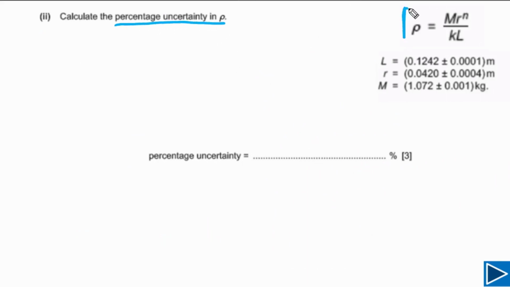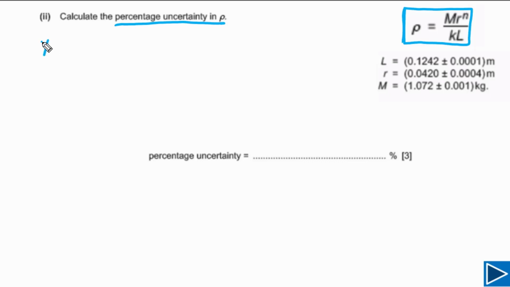The formula for density is given to us. This is how we can calculate density. Density can be calculated by multiplying and dividing these quantities. So quantities are multiplied and divided, which means we simply add the percentage uncertainties of these quantities to calculate the percentage uncertainty in density. So let me write down what I said.